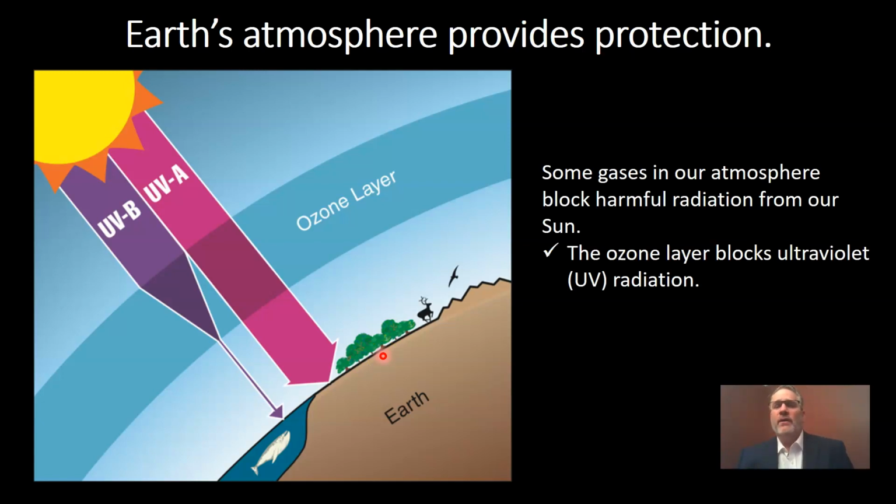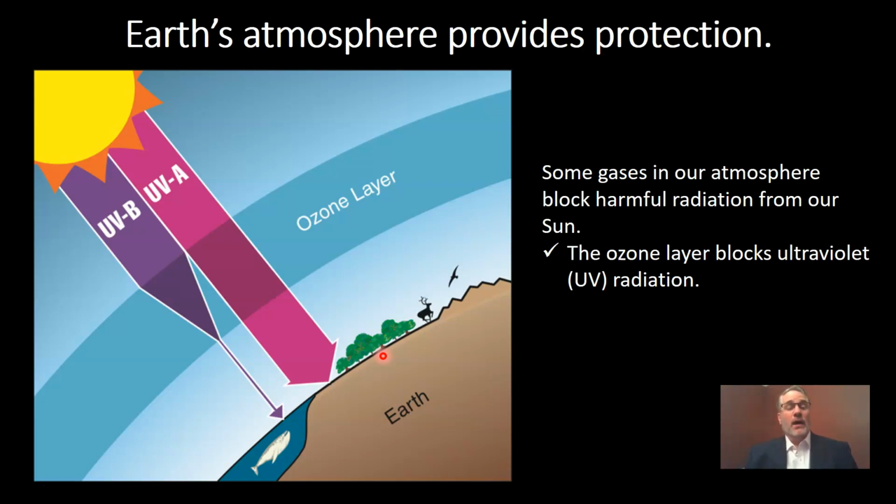Some of the gases in our atmosphere, and we're talking about ozone, which is a little bit like oxygen, just a different type of molecule, can block harmful radiation, and the harmful radiation that it blocks is called UV, meaning ultraviolet radiation. Ultraviolet radiation is generated by our sun at all times. Ultraviolet is what causes sunburns.